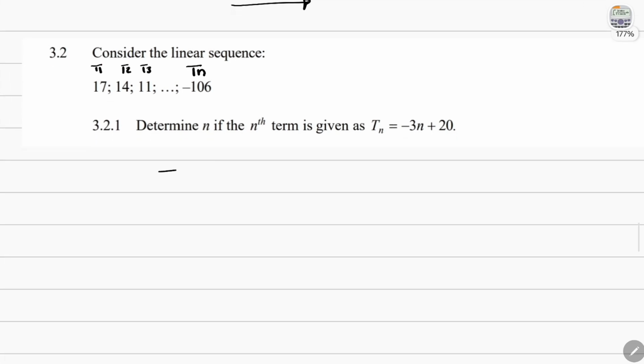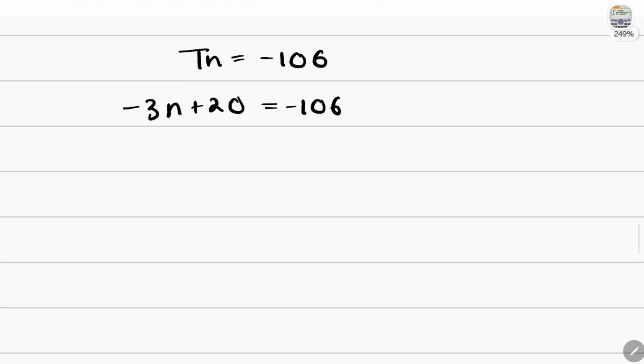So we have tn equal to negative 106, and this is our tn formula. We have negative 3n plus 20 is equal to negative 106. This is just a linear equation, so you can easily solve. Negative 3n equals, and if you transpose that, it becomes negative 20, so it's negative 126.